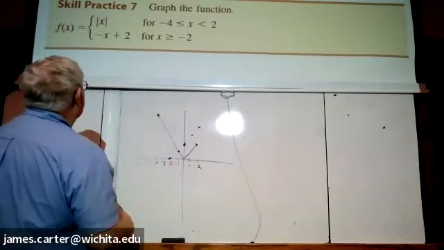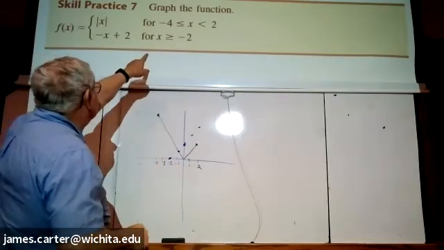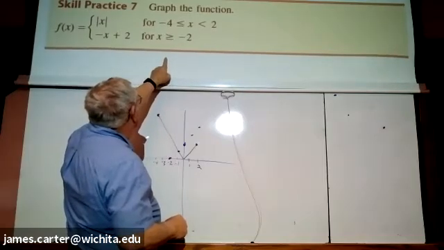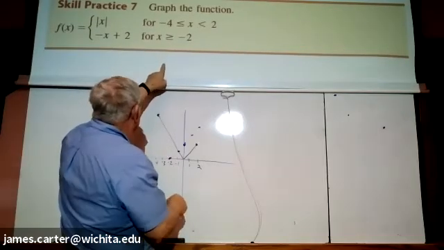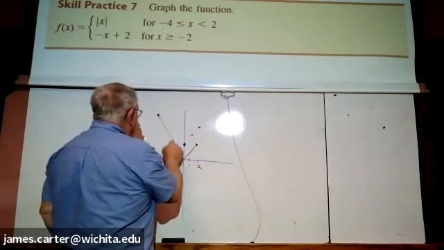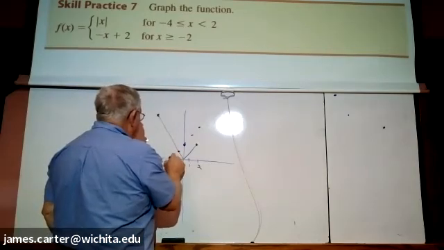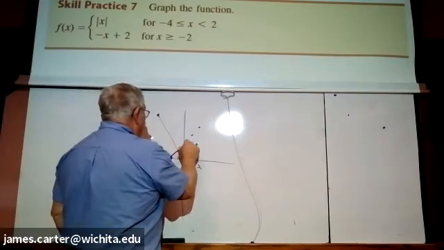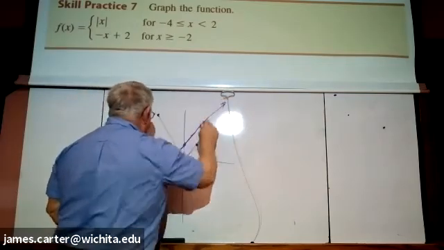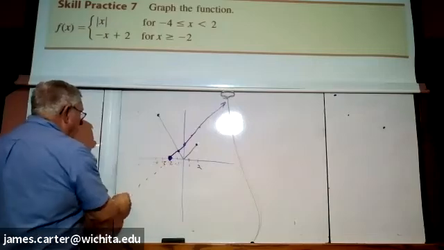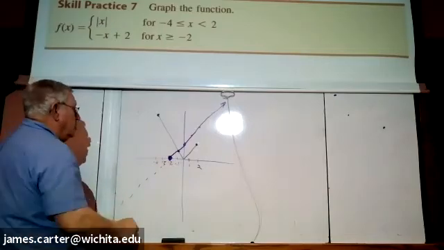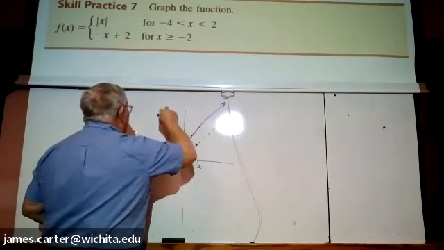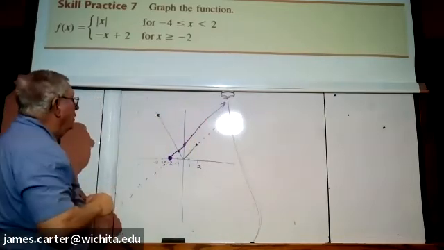So it would be a line like so, and it says it's for x is -2 or bigger. x is bigger than or equal to -2. So that would be everything starting here, including this point, and going this way, but it would not include down that way, just like it does not include this way or that.